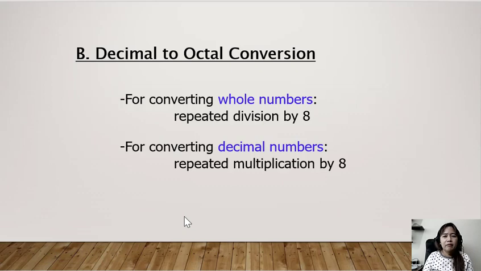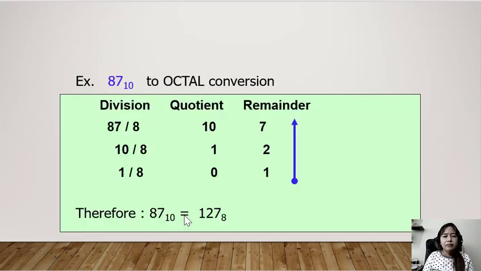This is going to be familiar because we did the same thing for our binary conversion in another video. So for 87 in decimal, to convert that to octal, you simply divide 87 by 8. You get 10, and your remainder is 7.